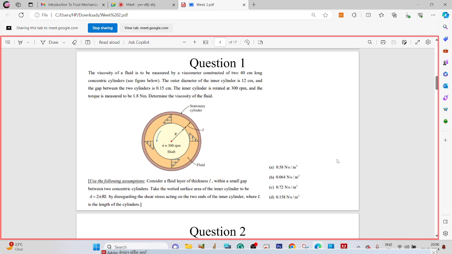Yes. So what is happening in this? Sir, I have shown some video in the class, right? Viscometer is there. What is happening in that viscometer? The outer shell, that is the outer cylinder, is stationary, and the inner cylinder is moving at a speed of 300 rpm.